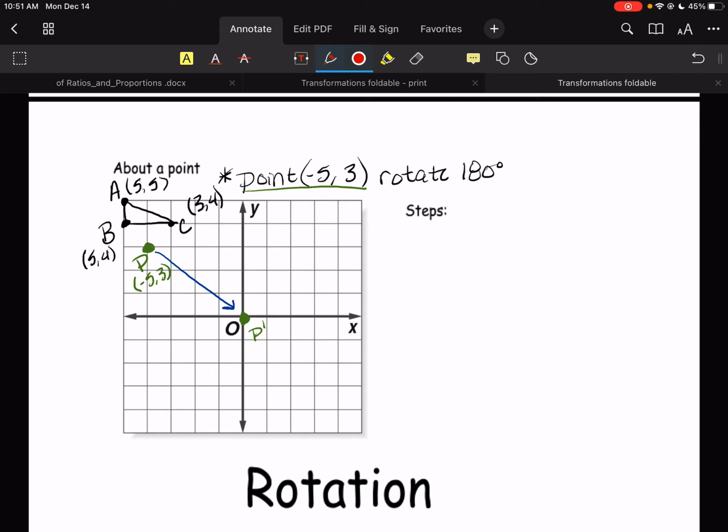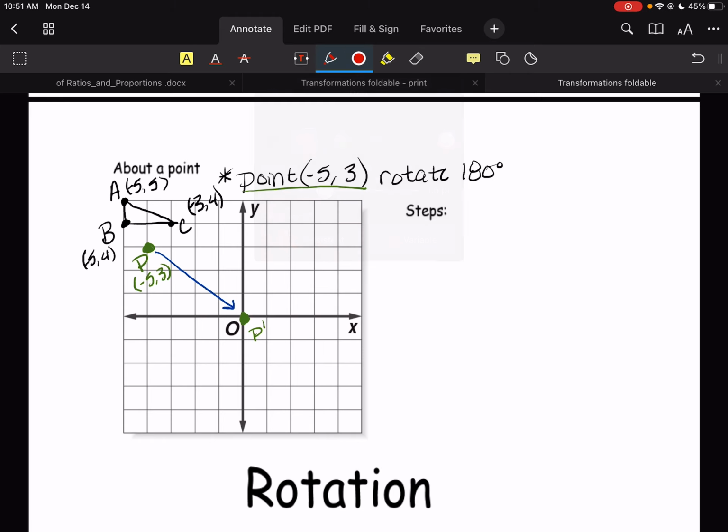I added 5, so if you want to do this with me, I'm going to take 3 and move it to the right 5. I'm starting with C here. So if I start with C, these need to be negative because we are in the second quadrant, so negative 5, 5, negative 5, 4, and negative 3, 4.